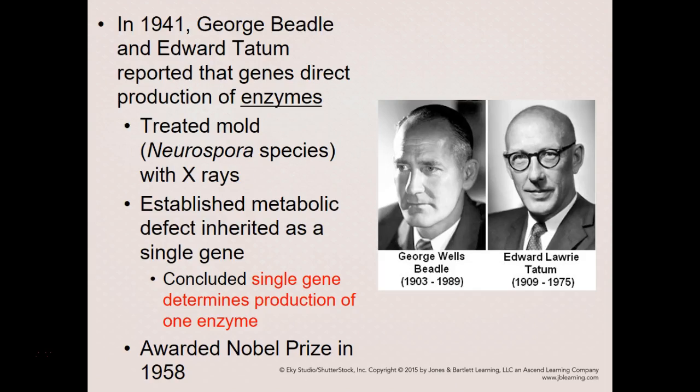So now we know that the genes are being passed on, we know that these characteristics are being passed on. We're not sure if it's genes yet. We just know that we have certain characteristics. And in the 40s, George Beadle and Edward Tatum started looking at genes, and they figured out that genes produce proteins.